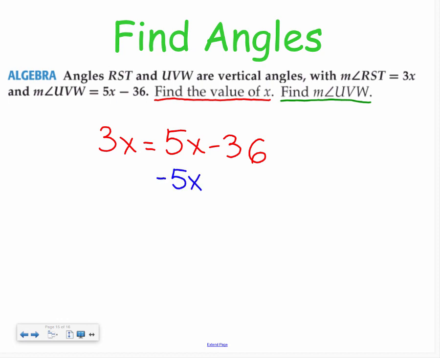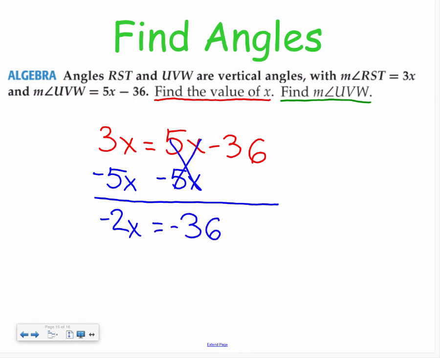I take 5x away from both sides, and I get negative 2x is equal to negative 36. Remember, we do not lose the negative in front of the 36 just because we took away the 5x. That negative is still there. Last thing I do, divide by a negative 2, and I get x is equal to 18.